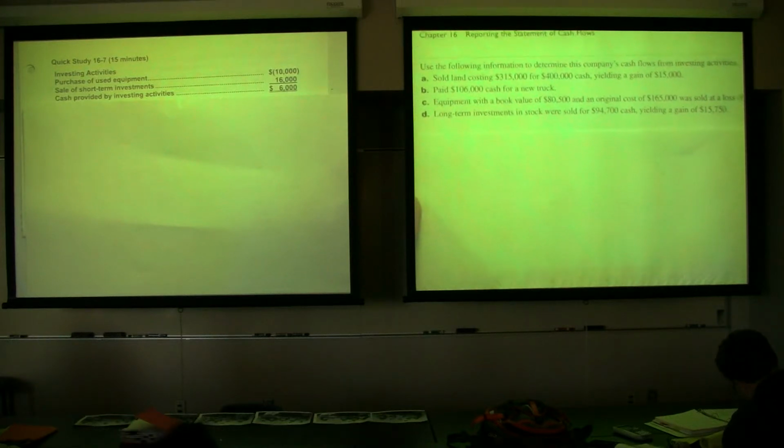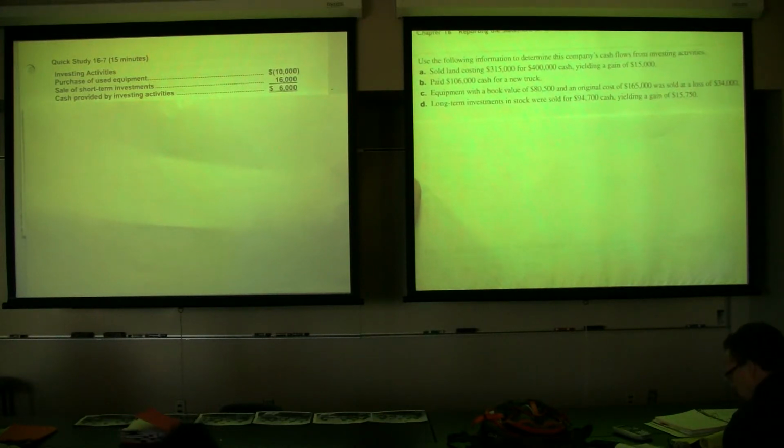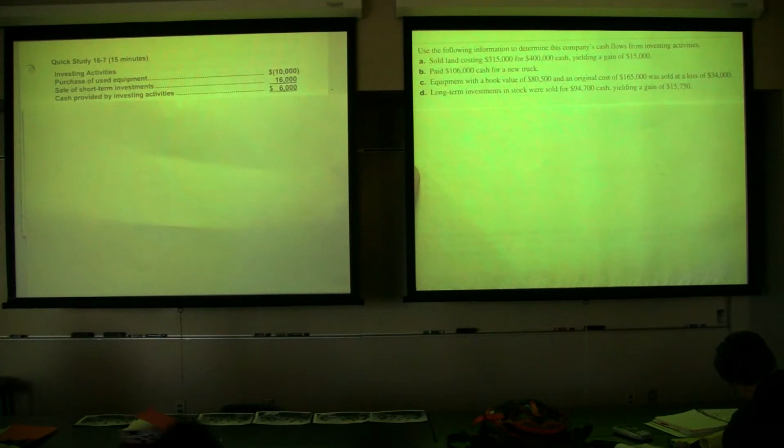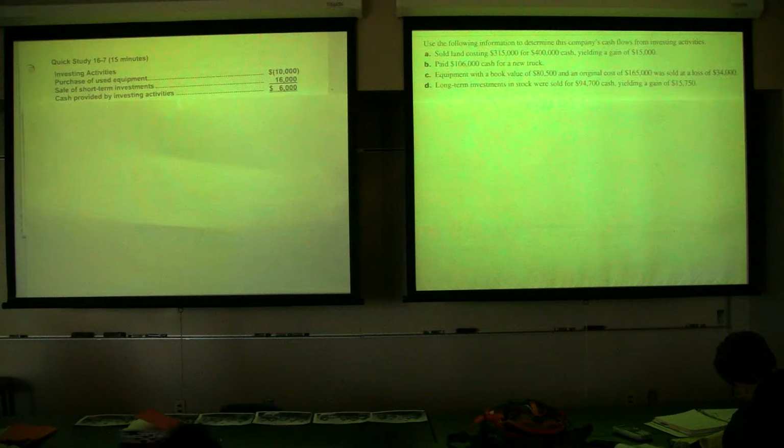Sold land costing $315,000 for $400,000 cash, yielding a gain of $15,000. Paid $106,000 cash for a new truck. Equipment with a book value of $80,500 and original cost of $165,000 was sold for $34,000. And a long-term investment in stocks was sold for $94,700 cash, yielding a gain of $15,750. So what's the cash flow from investing activities?